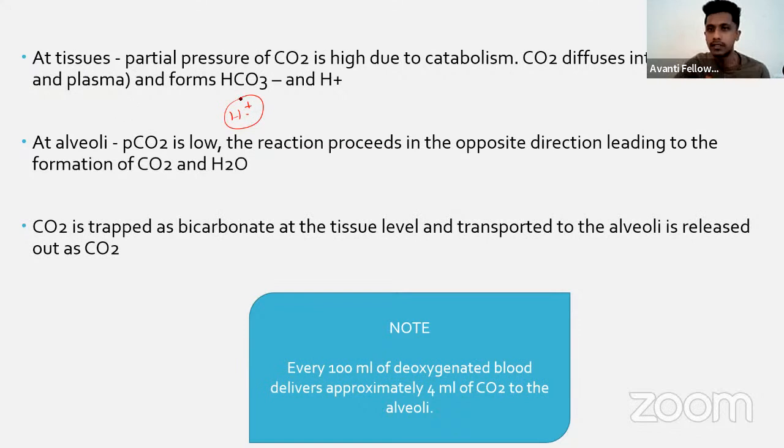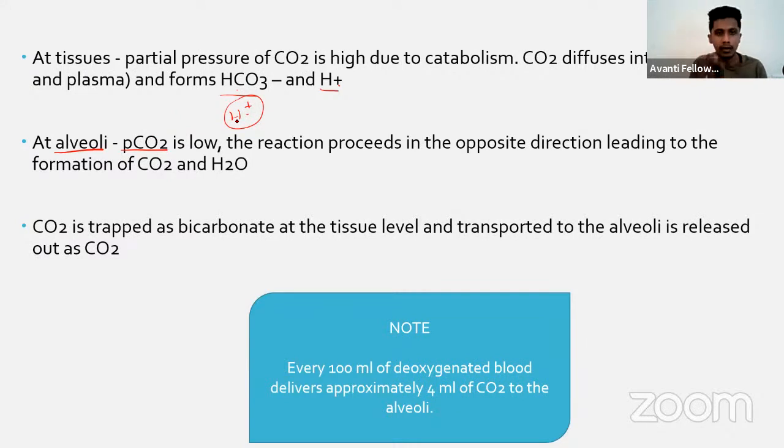So now we understood how carbon dioxide is converted into carbonic acid, and carbonic acid is converted into bicarbonate and hydrogen ions. Now, when this bicarbonate and hydrogen come near the alveoli, there is a critically low partial pressure of carbon dioxide. Because of the low partial pressure of carbon dioxide, that will lead to the reverse reaction.